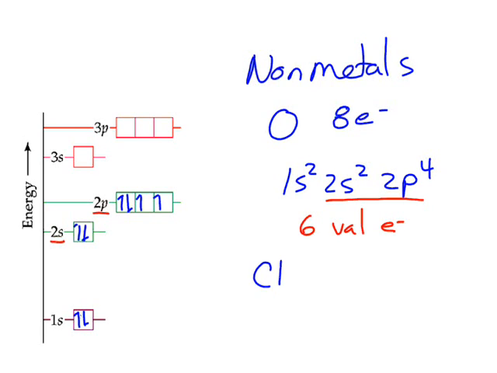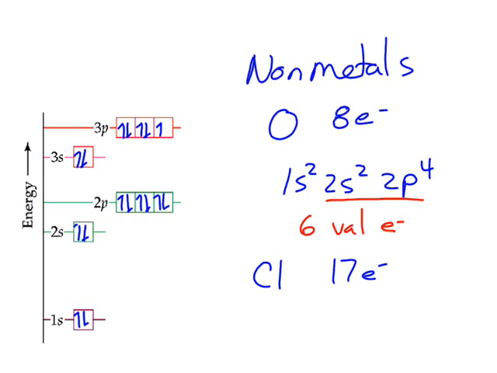Taking a look at chlorine on the periodic table, it's atomic number 17, which means it has 17 protons. So a neutral atom would have 17 electrons as well. We're going to go ahead and fill those in. We can start with the 8 that are already present for oxygen. It's 8, 9, 10, 11, 12, 13, 14, 15, 16, 17.